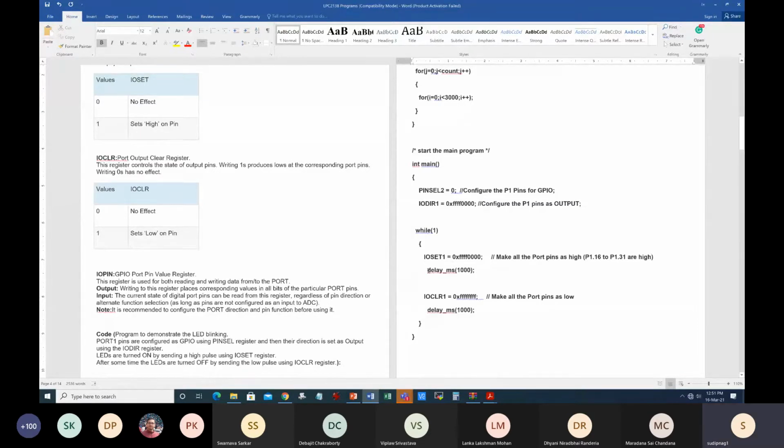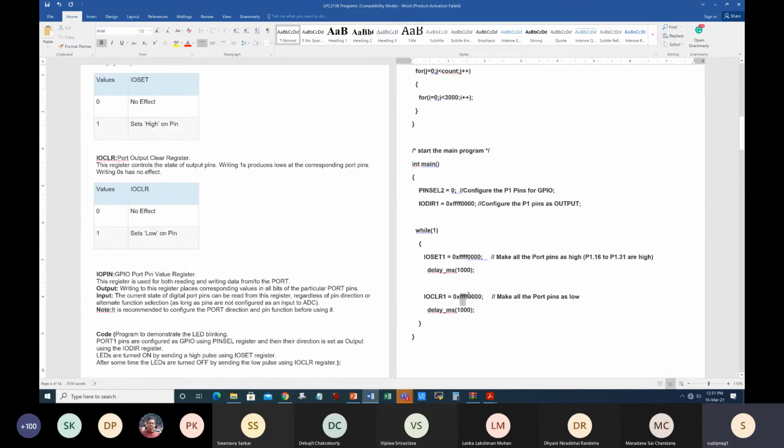Okay, and then I'm calling a simple delay. So this delay has some coefficient. So this coefficient may not be representing 1000 millisecond. So this depends on the clock frequency that you are choosing. And after that, after this particular delay, I'm writing logic 1 to this clear register. So I'll again make it 00 because lower 16 bits are not used.